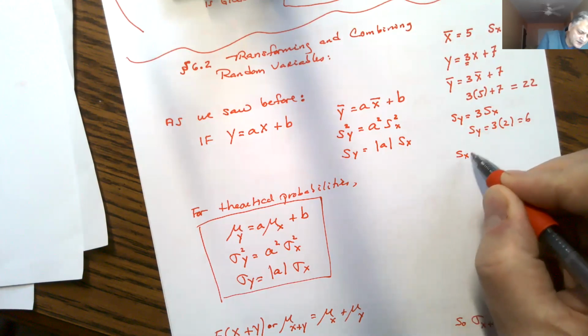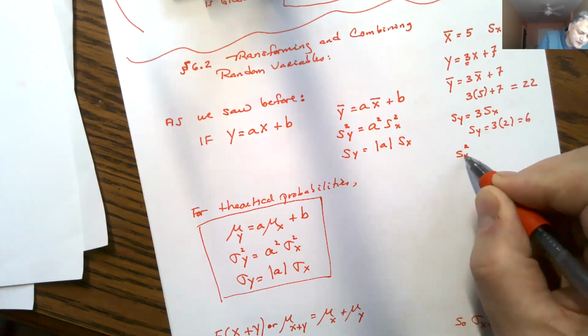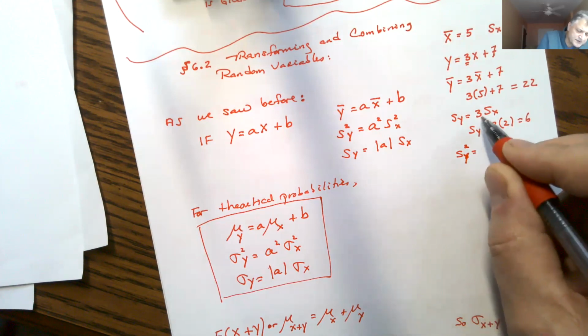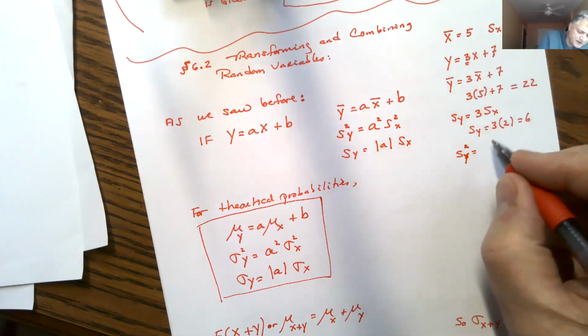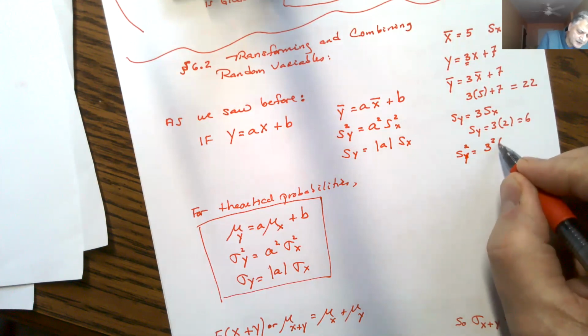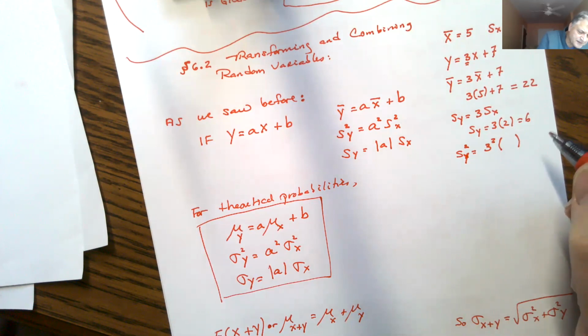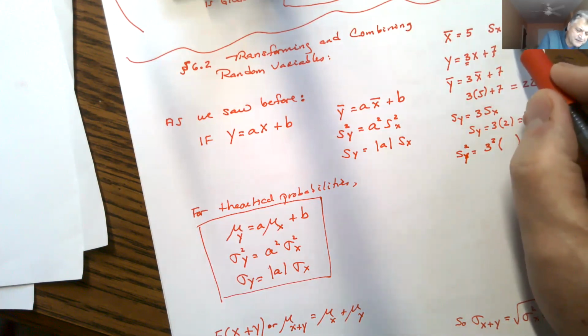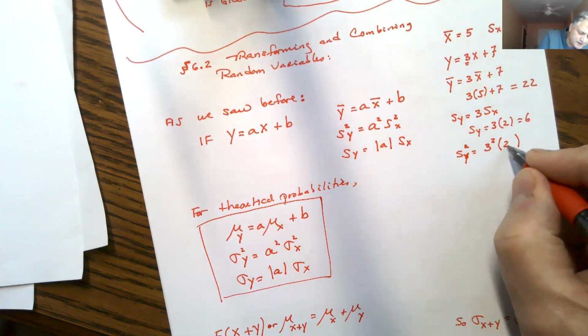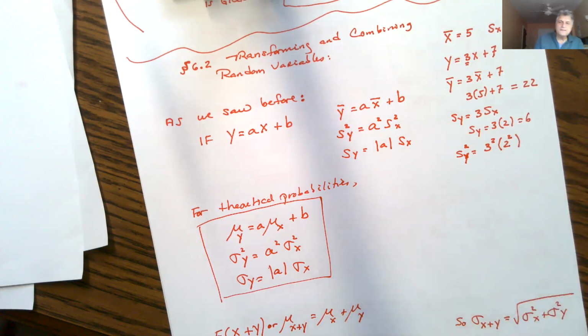And to get the variance, we take the standard deviation squared. So that was actually 3 squared times the variance. The variance would be 2 squared. So that's what we did before.